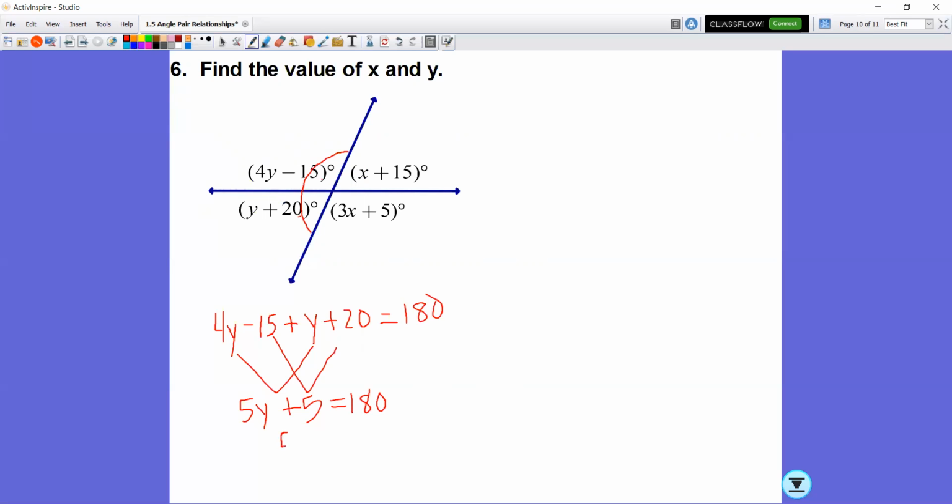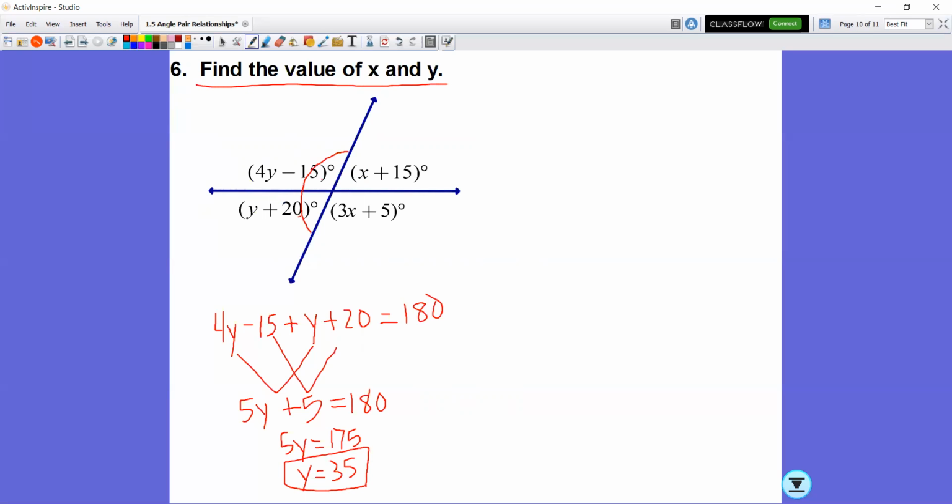Right, and I get down to 5y equals 175. I divide by 5 and I get what? y is equal to something. 35. Excellent.